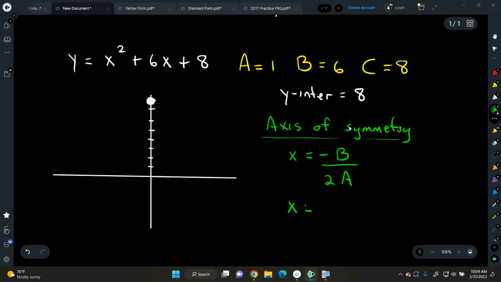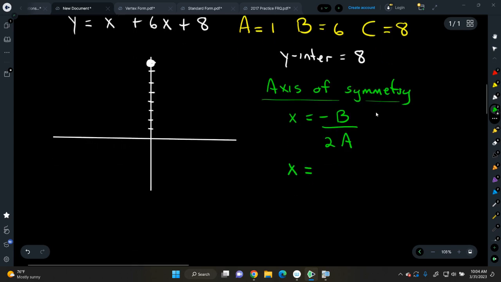So x equals, right, what's b? 6. So it'll be negative 6 over 2a, which is 1. So x equals negative 3.